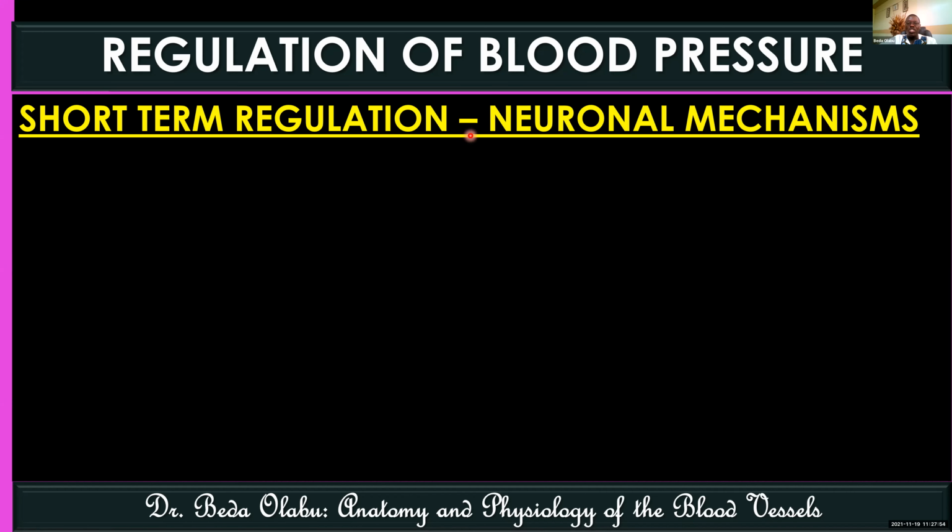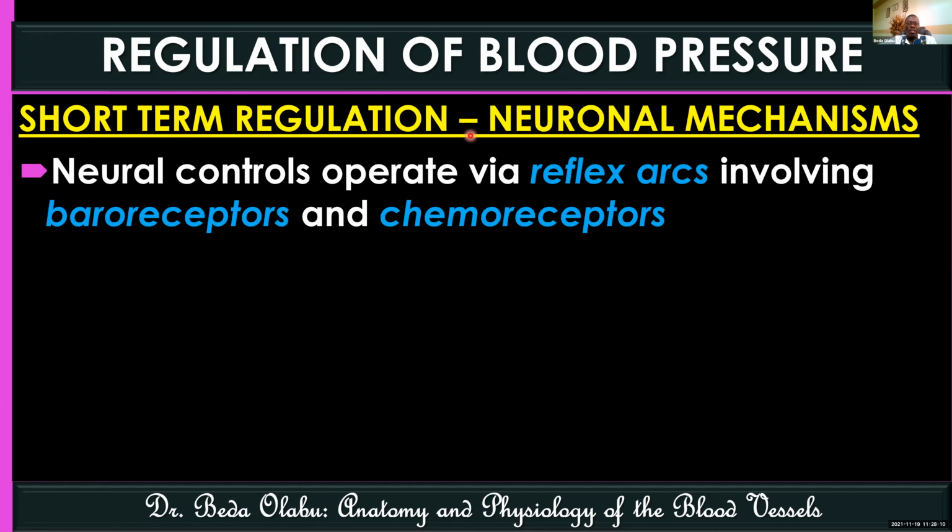There are two short-term mechanisms: neuronal mechanisms and hormonal, or endocrine, mechanisms. Let's start with neuronal mechanisms. The neuronal control of blood pressure largely relies on receptors that detect pressure and receptors that detect the concentration of oxygen, carbon dioxide, and hydrogen ions in the circulation.